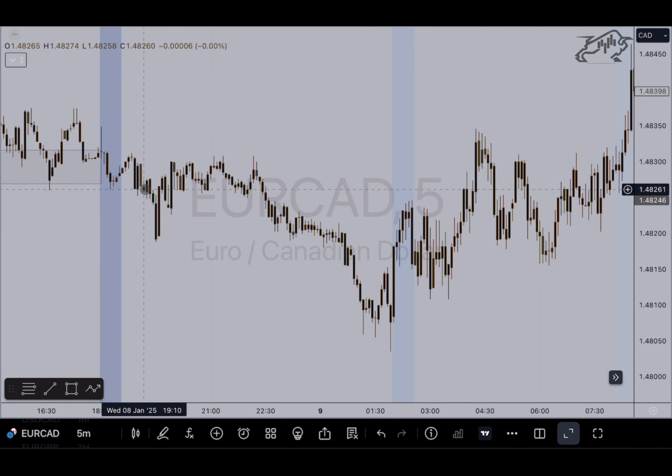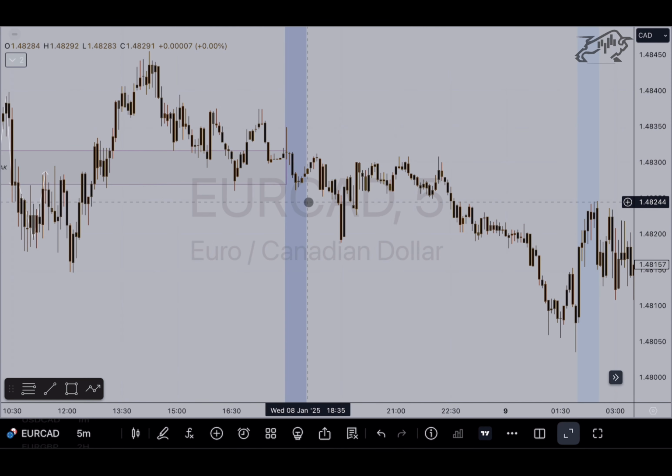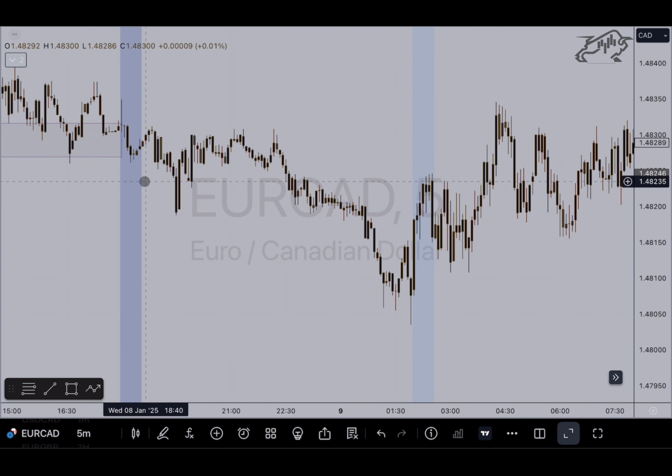Same thing, you guys. We are waiting for the first 30 minutes to go by. We're going to reference that range. We want the high and the low. We are waiting, looking for the first candle that closes outside of that range, which is going to be this one. We're looking for our pendulum to form. We have it right here.